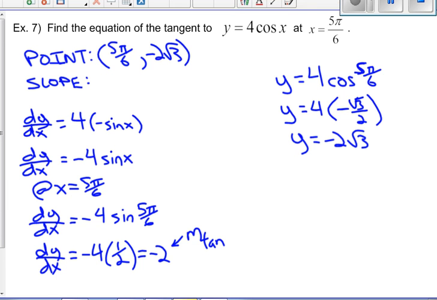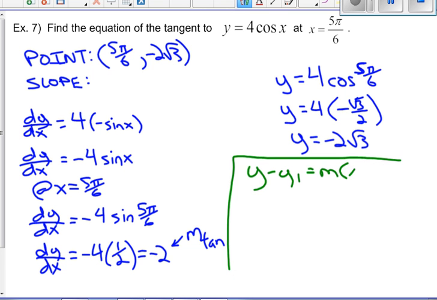So our last piece of work involves actually finding the equation. We have y minus y1 equals m times x minus x1 as our point slope formula. And we just substitute things in. The slope is negative 2. The x value is 5 pi over 6.